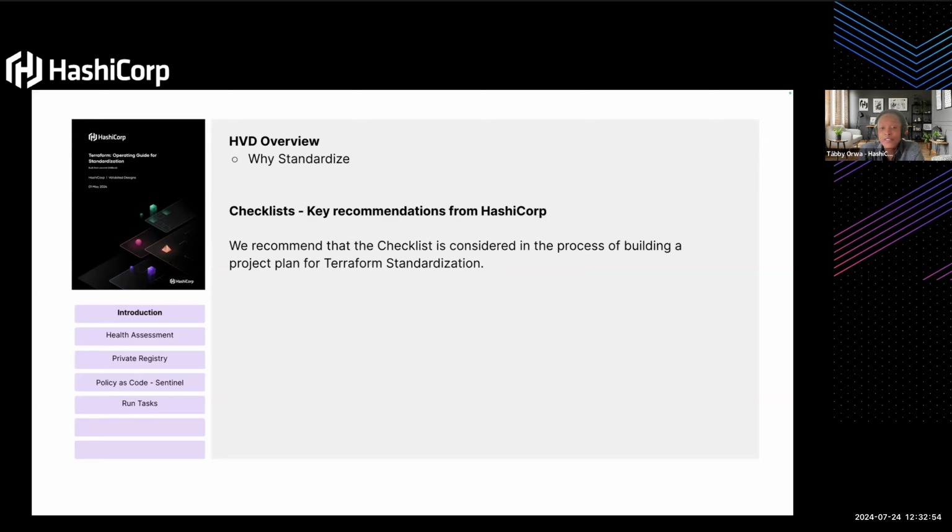Now, I want to highlight that if you look at the left-hand side there, that section that is specific to run task, that is an optional section that is usually dictated by specific integration requirements.